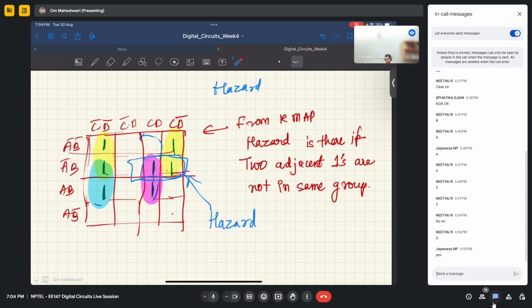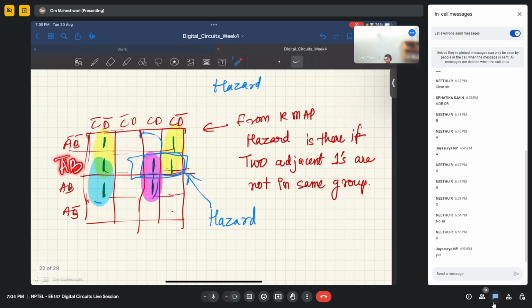So basically, what is happening here? You see, D and D bar, this difference is there. Rest all is the same, right? This is A bar B, C is also the same. Just D and D bar are changing.